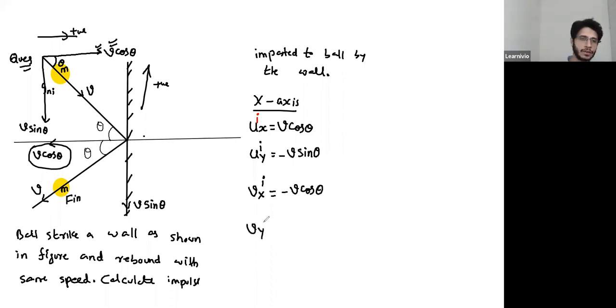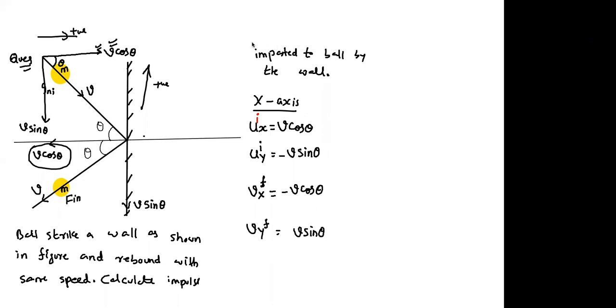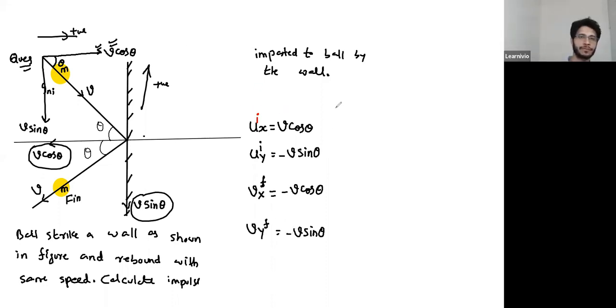Okay Rania, the last thing. How much is Vy final? Y component of final velocity. V sin theta. It would be plus or minus? See, this is going upwards or downwards? It's downwards, no? So it should be negative.